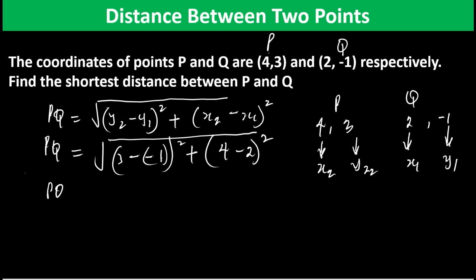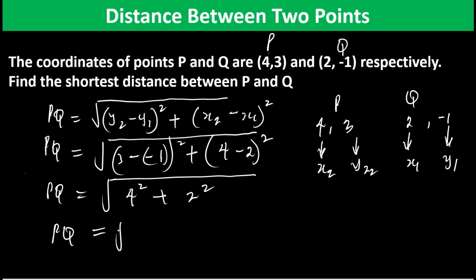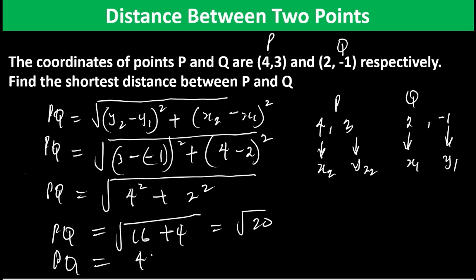So that PQ now will be the square root of 4 squared plus 2 squared. PQ will be the square root of 16 plus 4, which is equal to square root of 20. Now, PQ is the same thing as 2 root 5, which is the same thing. It's just the same thing, but this is faster because we apply the formula directly.